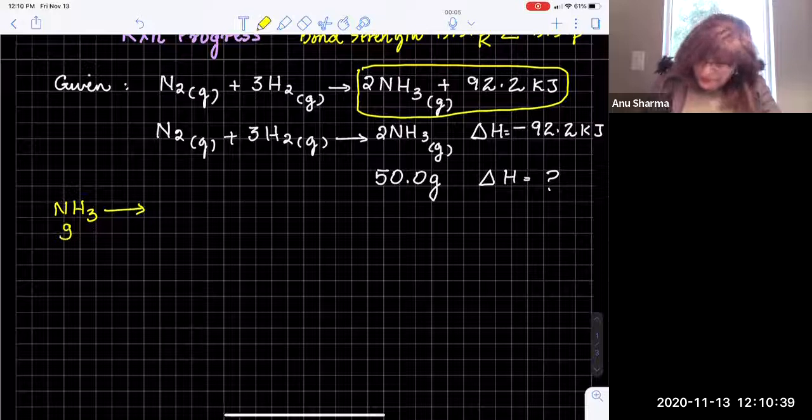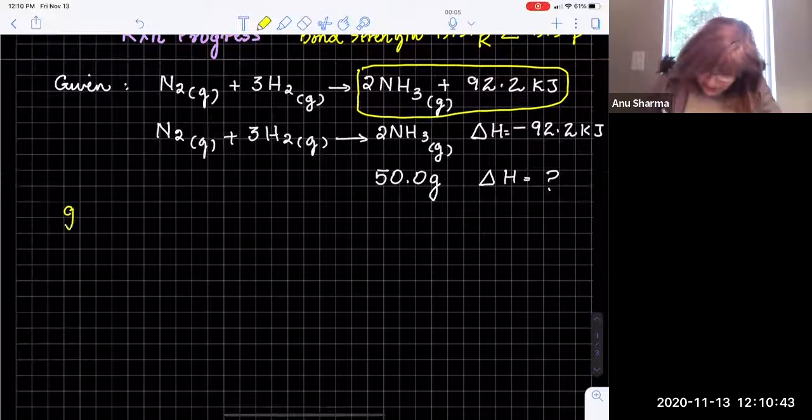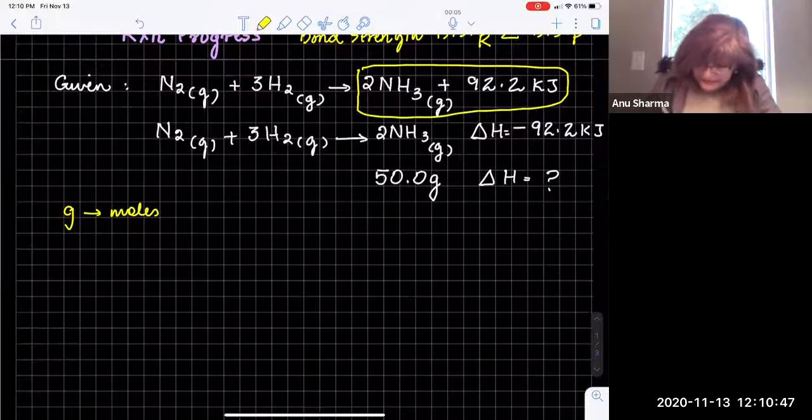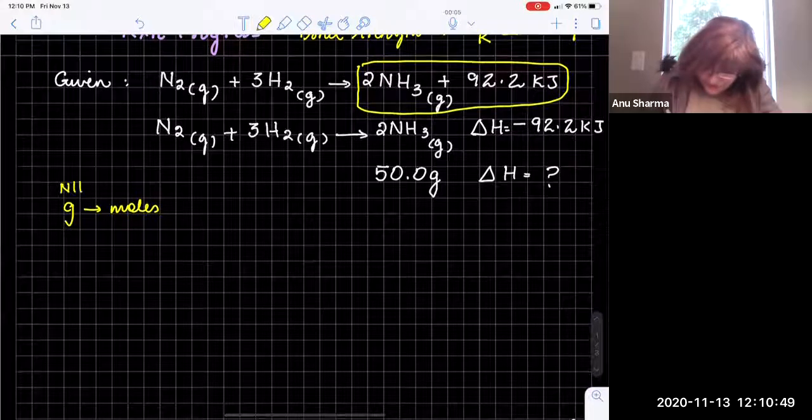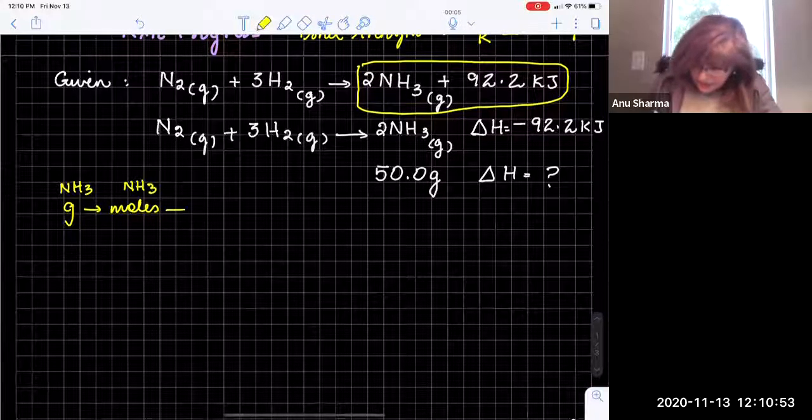of ammonia. So one more time: grams of ammonia convert to moles of ammonia first of all, NH3 and NH3. Next, you're going to bring in the mole to mole ratio.